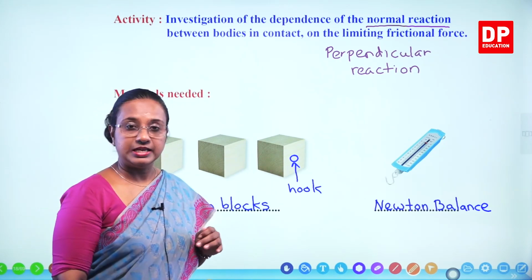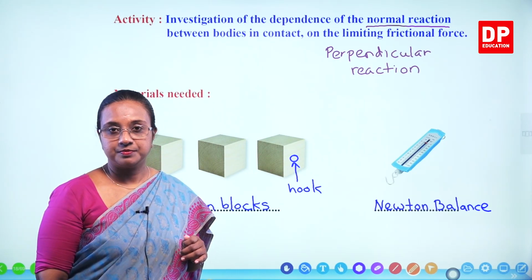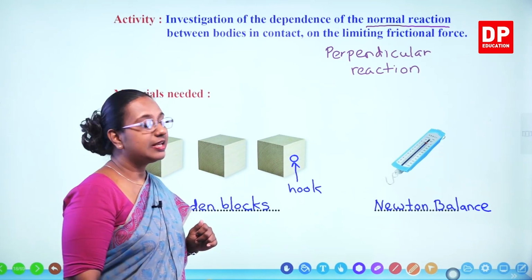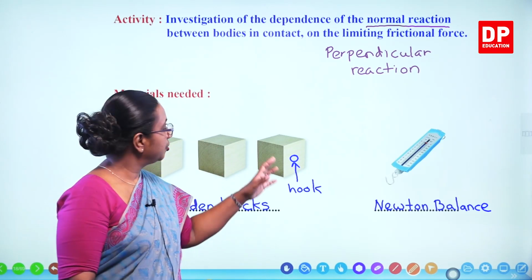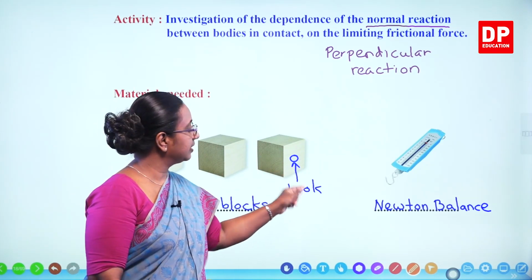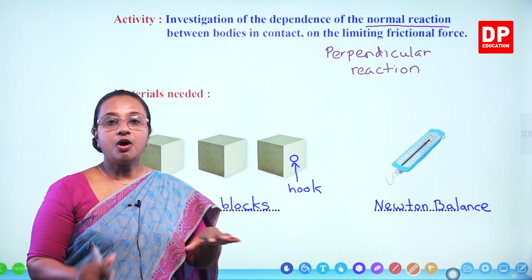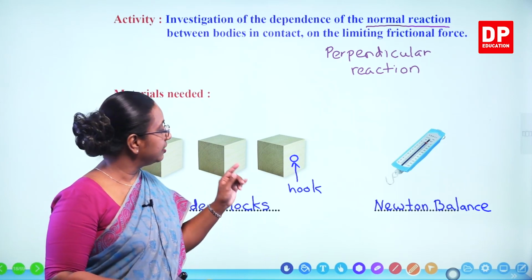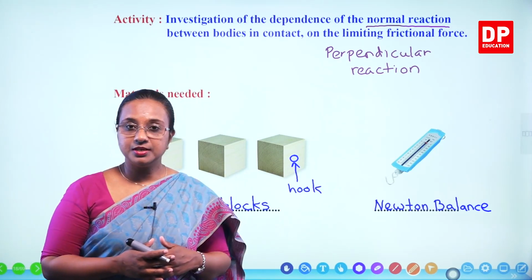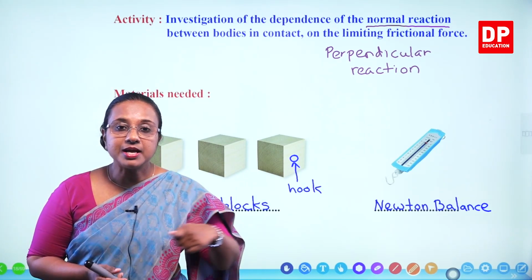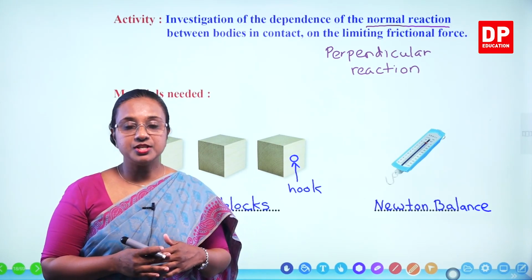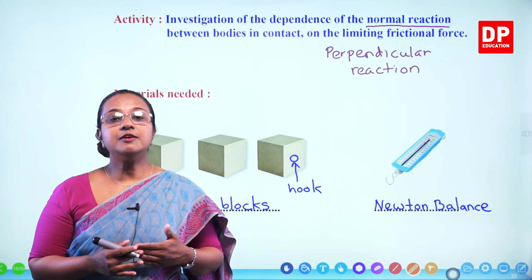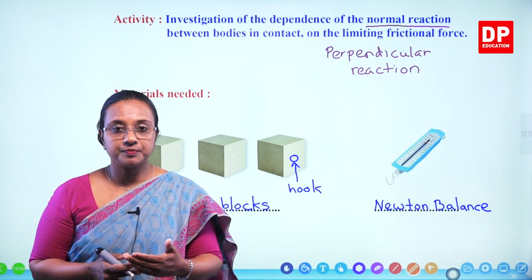Here we don't need a sandpaper. Again, it's a very simple activity. You place the wooden block with a hook attached to it on a horizontal surface, a table, and to the hook you attach the Newton balance, and by pulling the Newton balance horizontally, apply a force to the block.